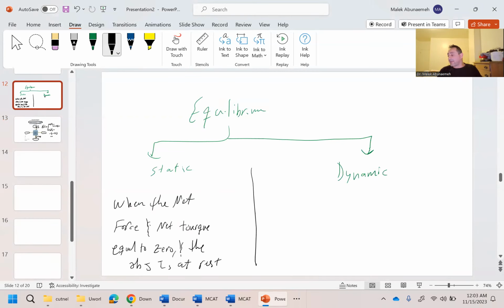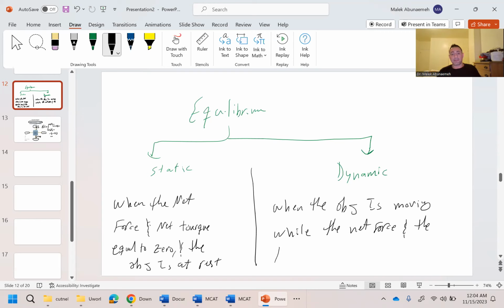Now, dynamic equilibrium is when the object is moving while the net force and the net torque are zero.